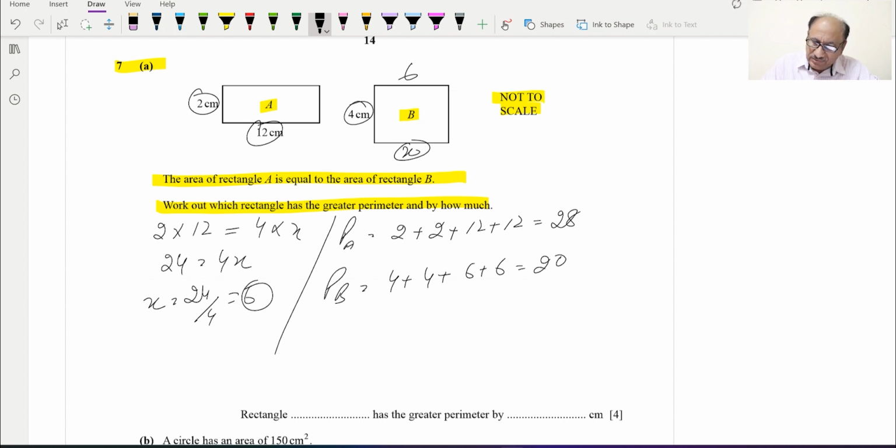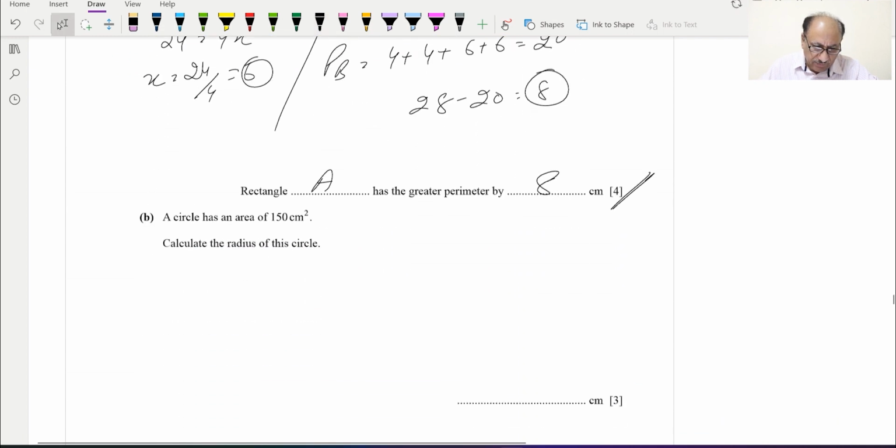And so we can see that perimeter of A is more, so rectangle A has greater perimeter by 8 units, so we can write 28 minus 20 is equal to 8, and this will be for 4 marks.